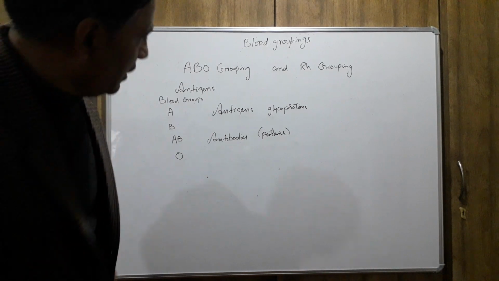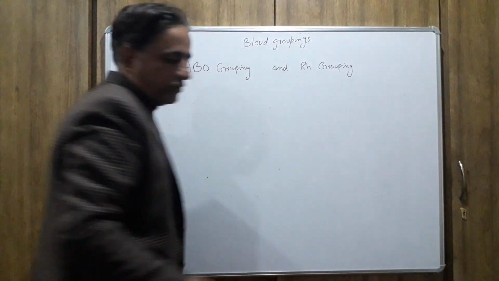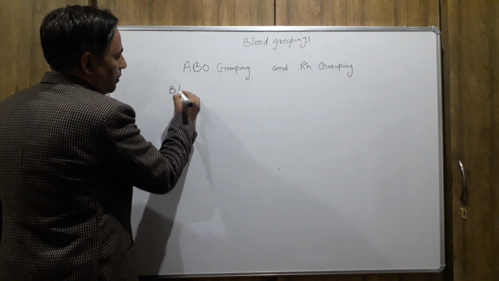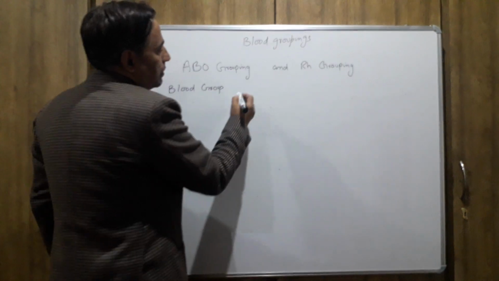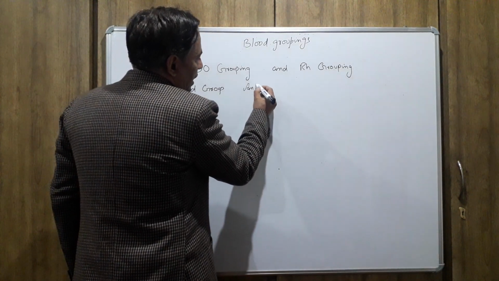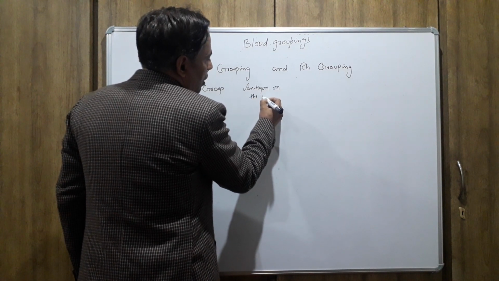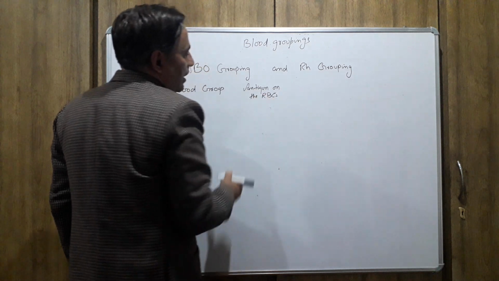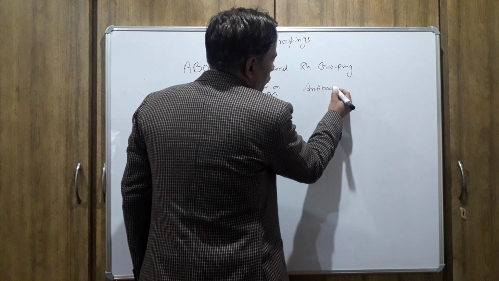Now let us see the four types of blood groups and the antigens and the antibodies. So here is the blood group, and the antigen on the RBCs, and then the antibodies.